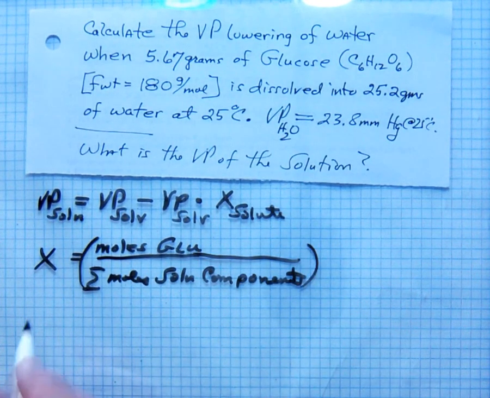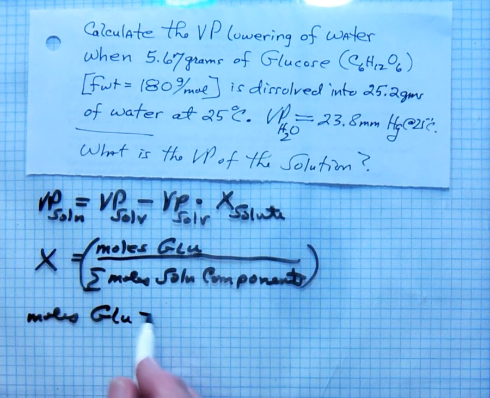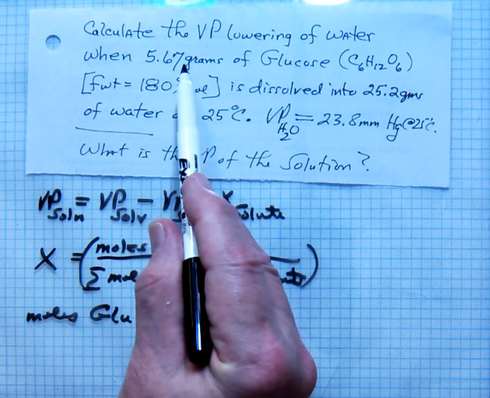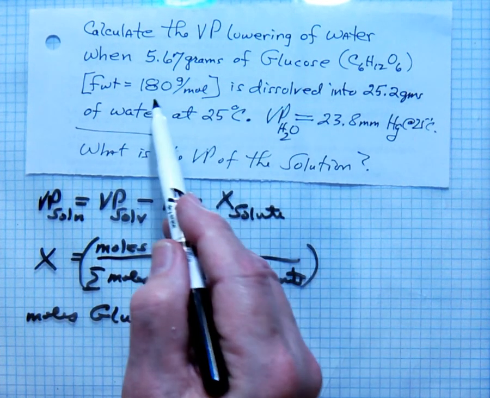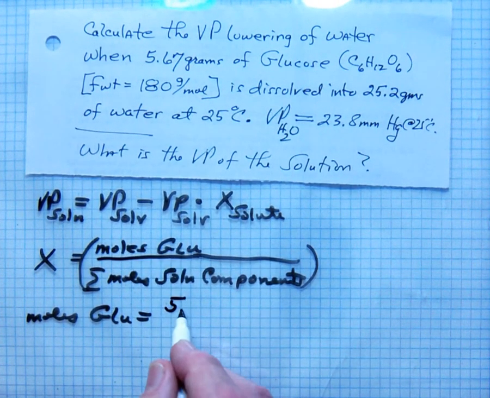Okay, so if we get the moles of glucose, we have 5.67 grams at 180 grams per mole. So convert to moles, divide by formula weight.